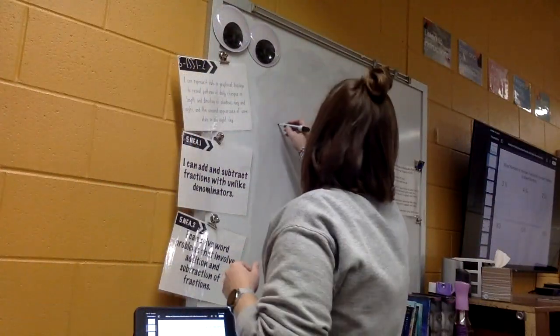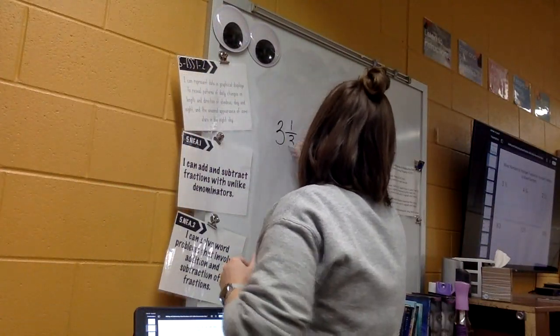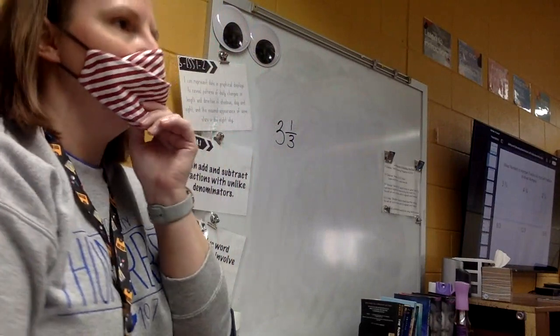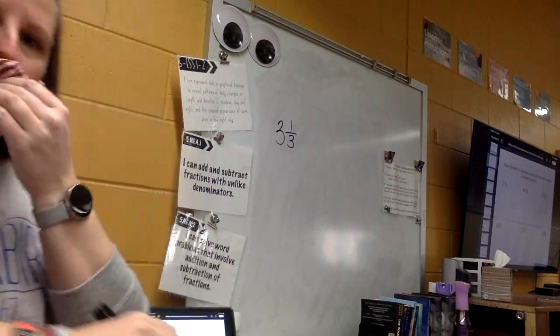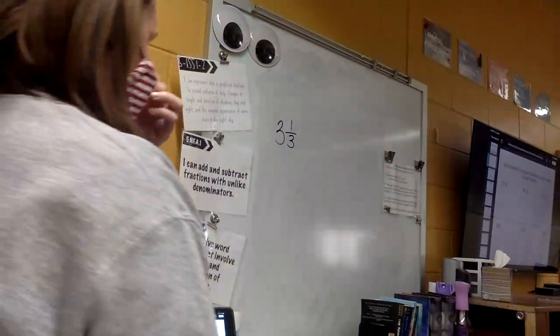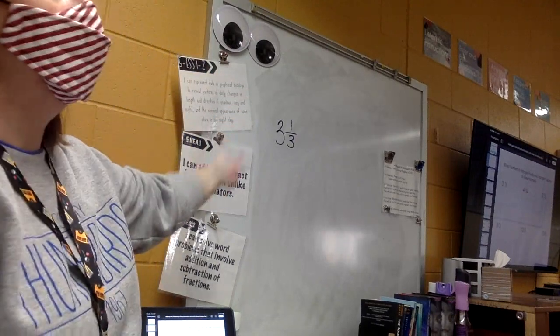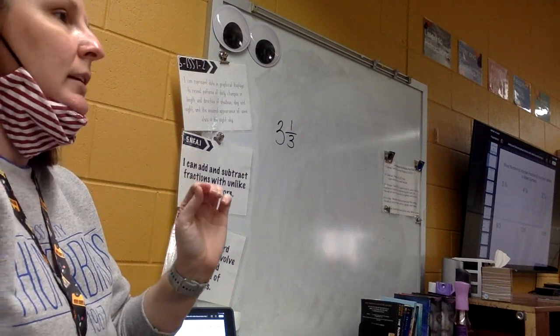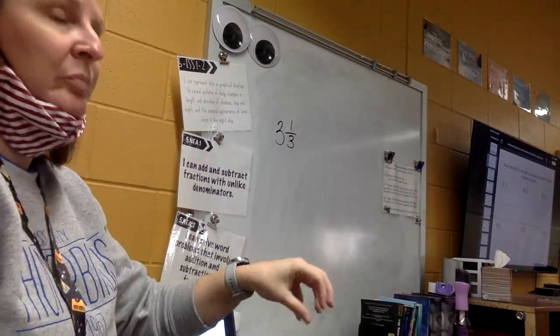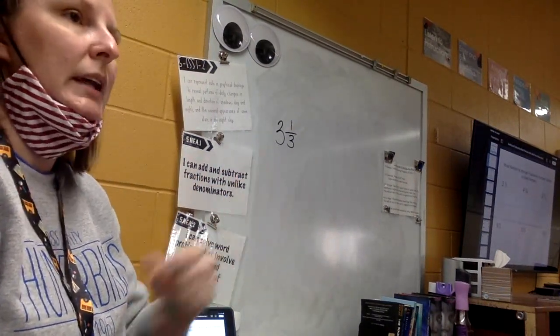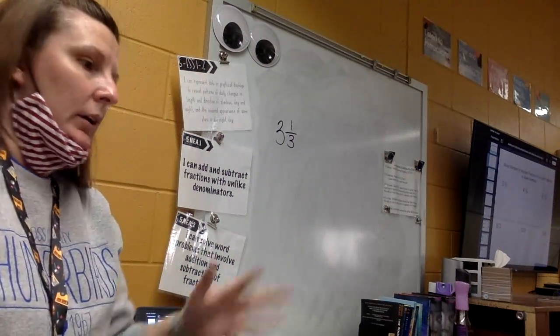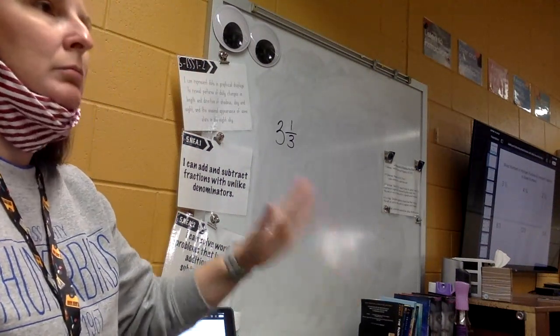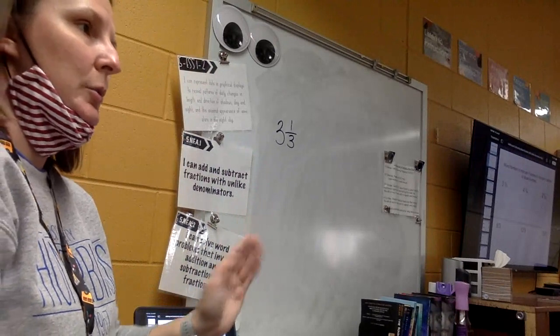So we have 3 1/3 as my mixed number. This is going to be important when we get to multiplying. You'll use this a lot when we get to multiplying. Not so much with adding and subtracting, but with multiplying, it's going to come in super handy.